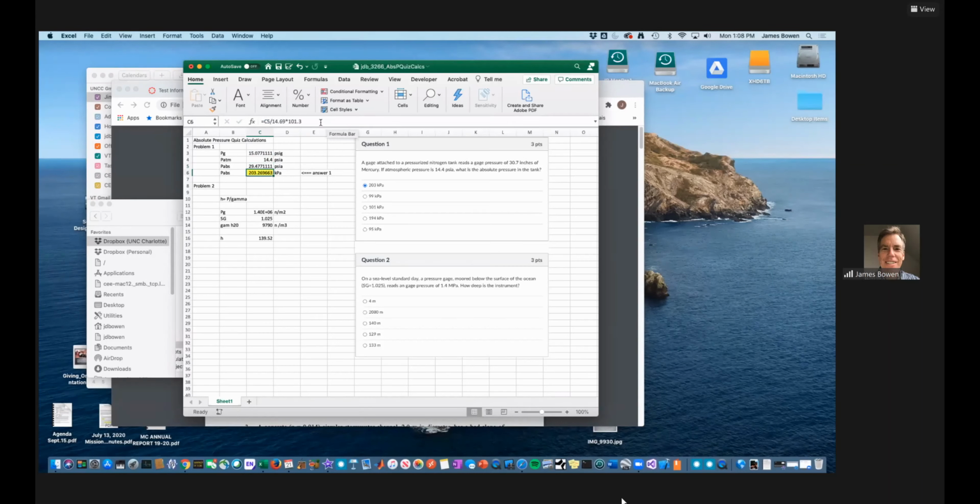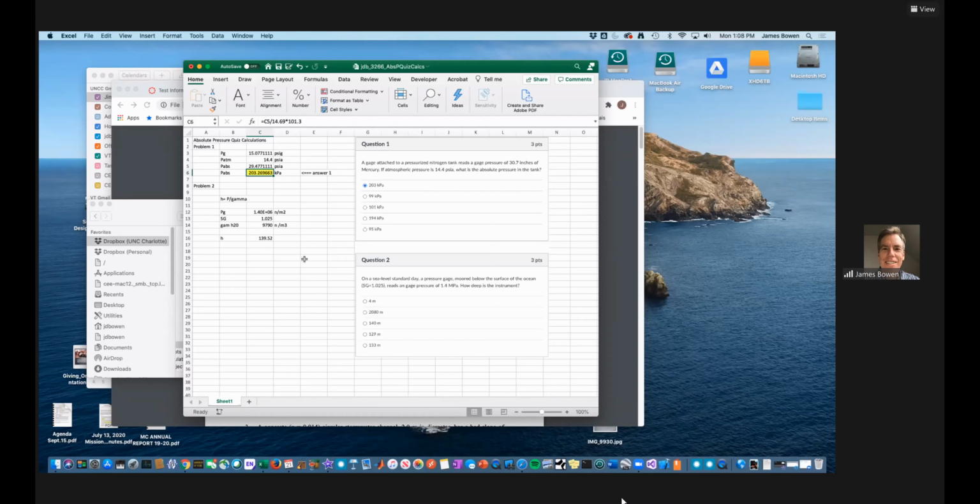The way I did it was to take the pressure that I calculated, divide it by 14.69 because I know that's atmospheric pressure in PSI, and then multiply it times 101.3 because I know that's atmospheric pressure in kilopascals. So that's in effect a conversion from PSI to kilopascals, and I get this answer, 203, which is the correct answer.